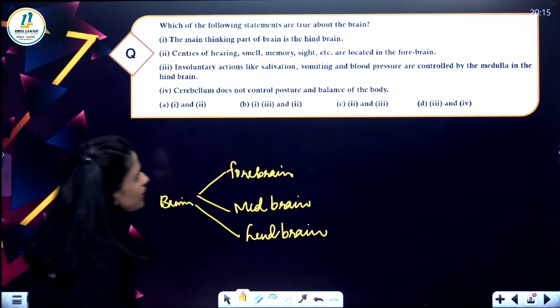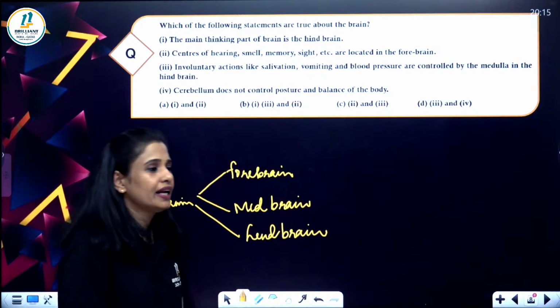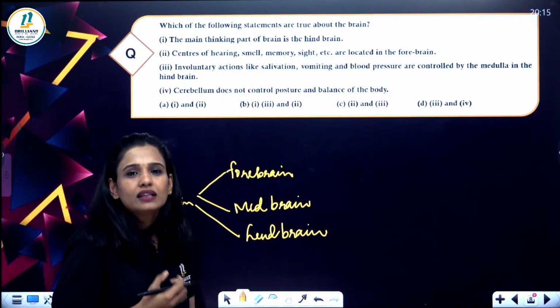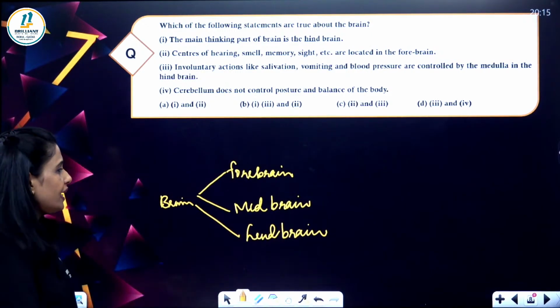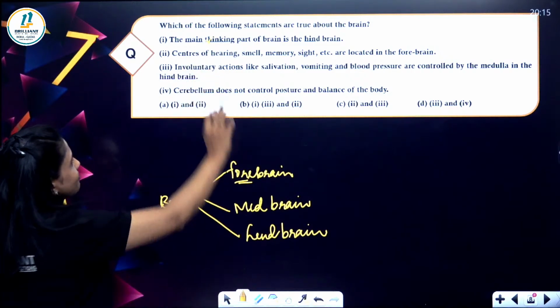From this, the main thinking part of brain is hindbrain. Is that correct? No. The main thinking part of brain is forebrain. So this statement is wrong.